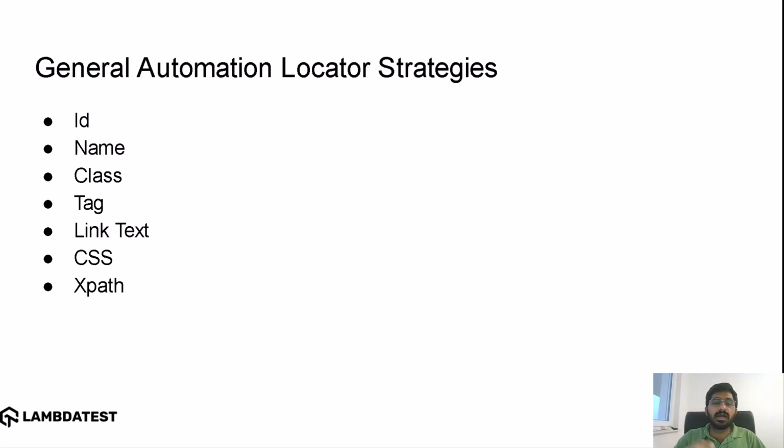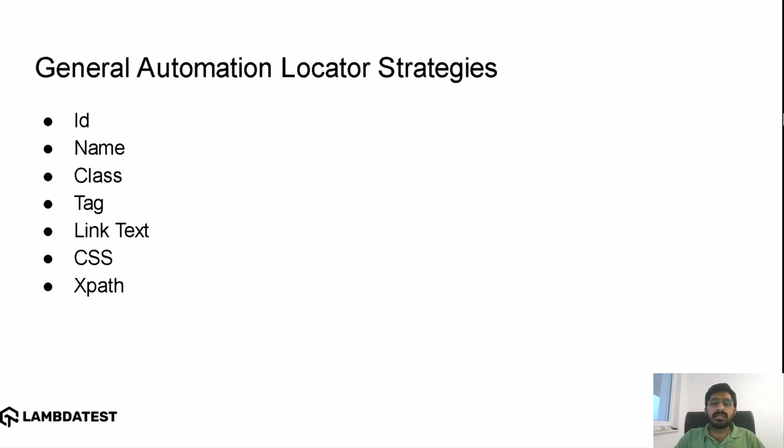Which means you have to see in your DOM if there is any ID available. If the ID is not available, then you can go with the name attribute followed by class, tag, link text. If none of the core locators is available, then you can use either CSS or XPath to construct your own locator. So this is the order which you should follow whenever you are creating any locators in general.